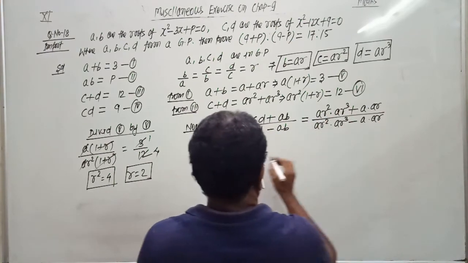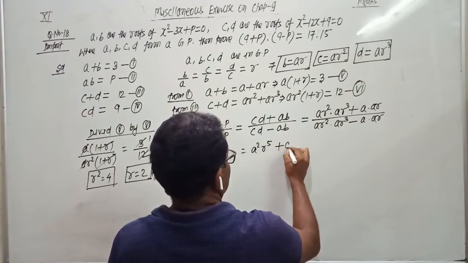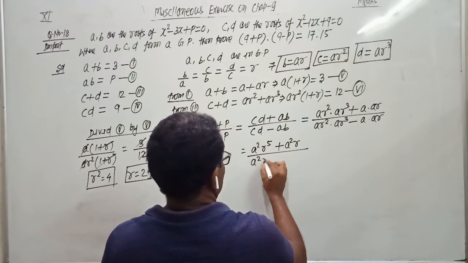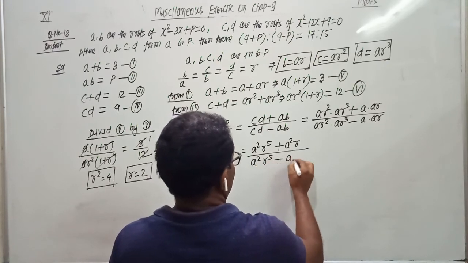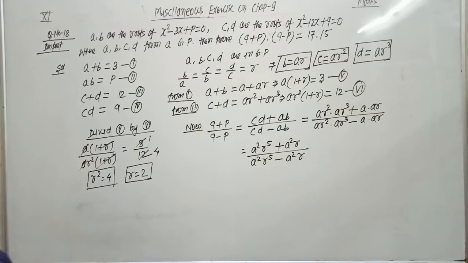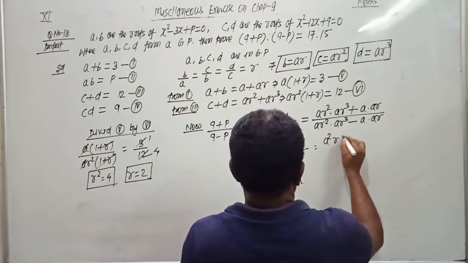So we get A square R raised to the power 5 plus A square into R upon A square R raised to the power 5 minus A square into R. And from these terms, A square R is taken common.